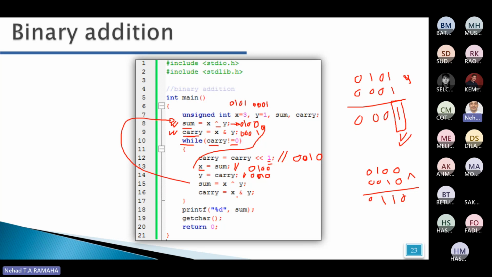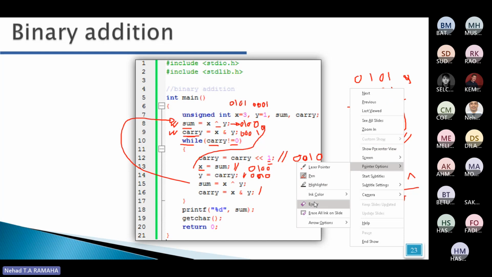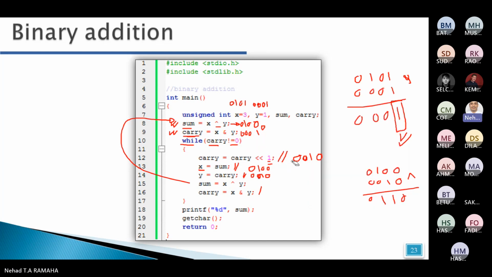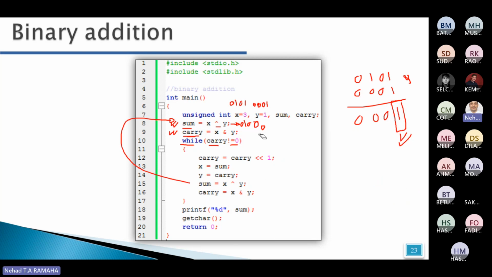Okay, the carry equals x AND y. There is something wrong here, I feel. Let me repeat the calculation again here. From here, I feel that something went wrong. Okay, let me see the carry again.